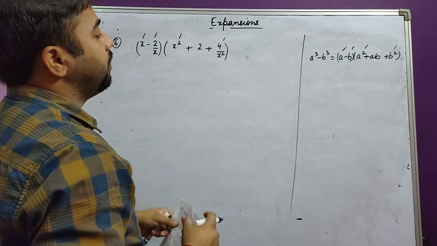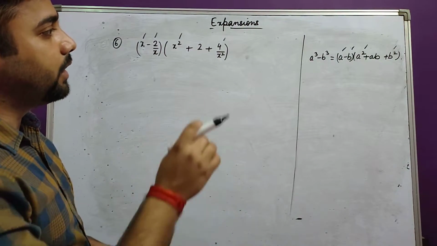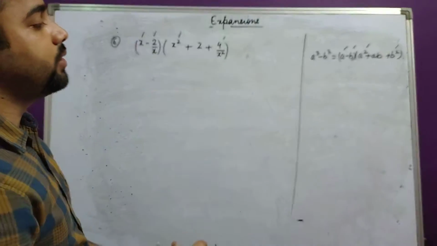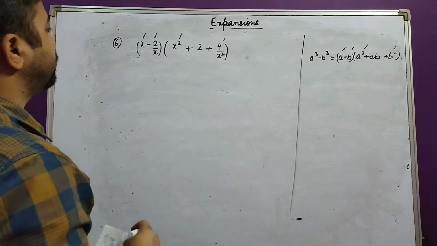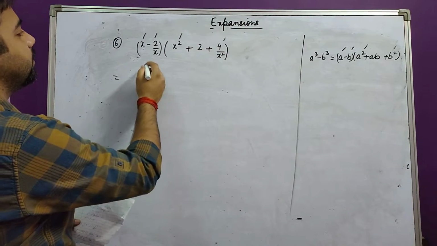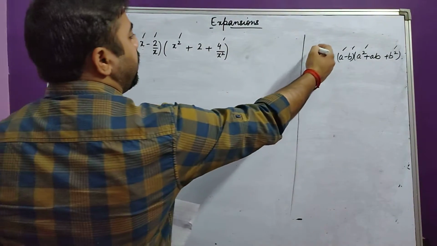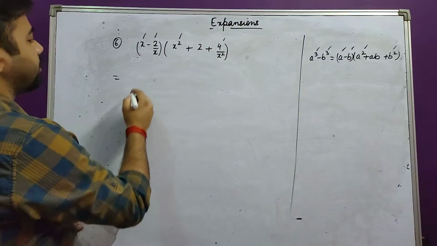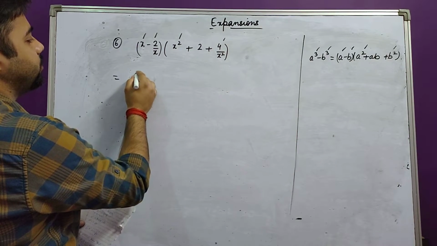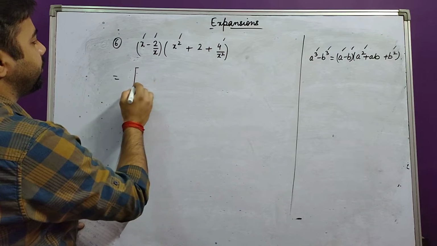Let us check it out. First of all, you have to apply the formula and check whether you are able to substitute the values, then only use it further. First term is x over here, that is a cube minus b cube. We have to just make sure that we are doing a correct process over here.